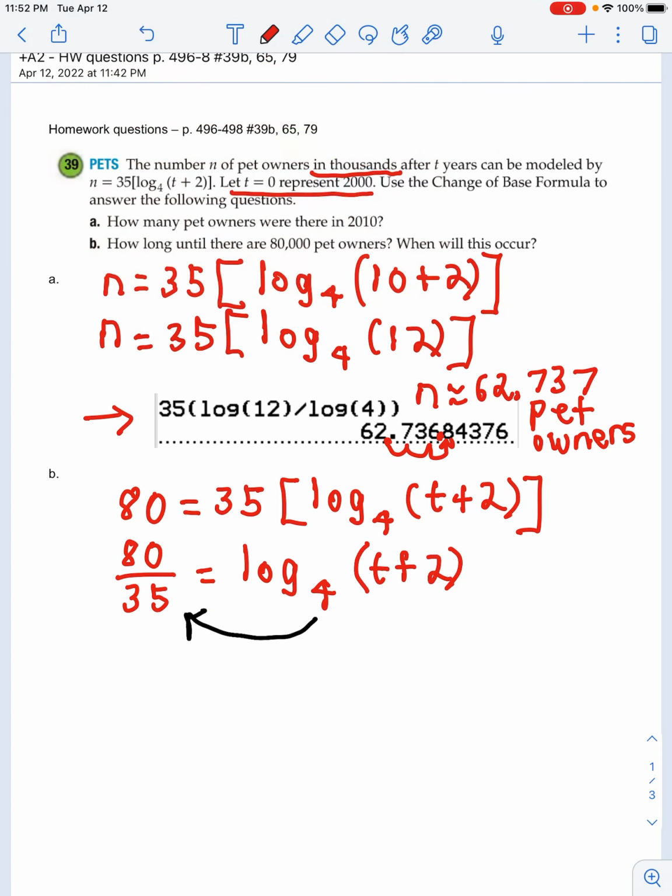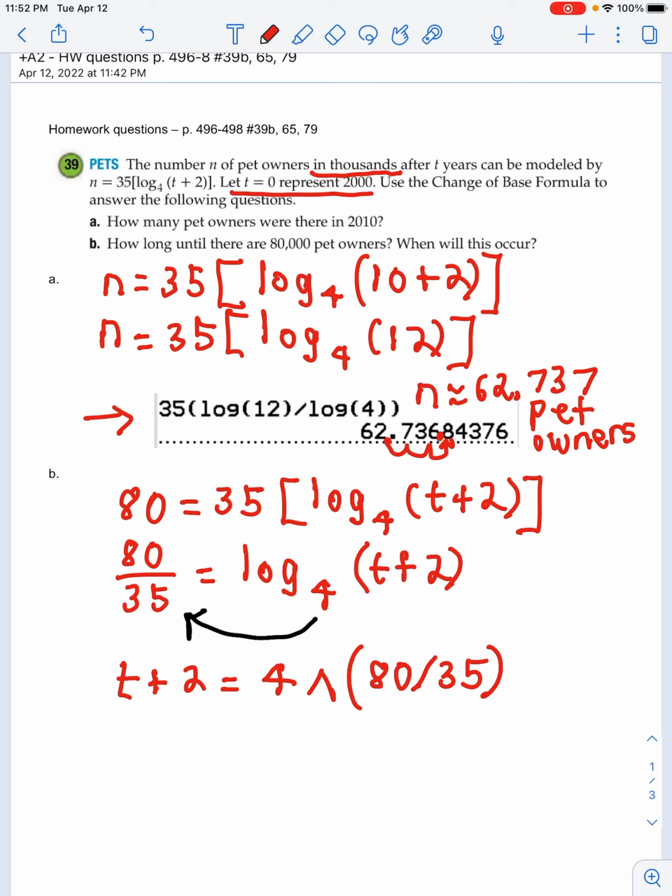And so my equation would become t plus 2 equals the base 4 raised to, which on a calculator you're going to use the caret, the 80 divided by 35. And if you do that, that should give you the number that you need. And then you will subtract 2 from that answer.